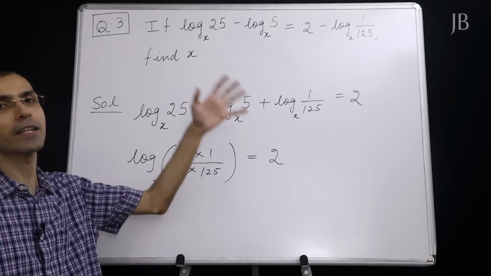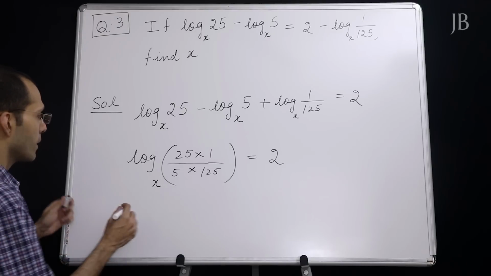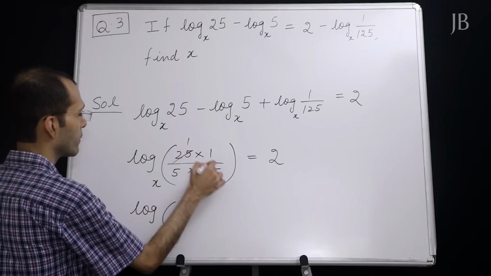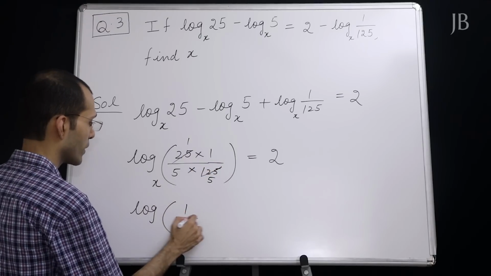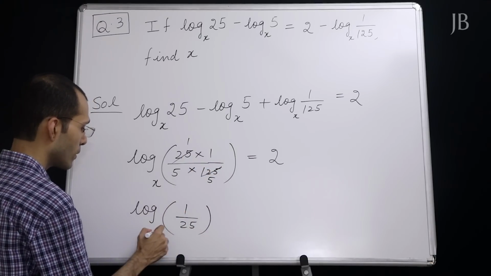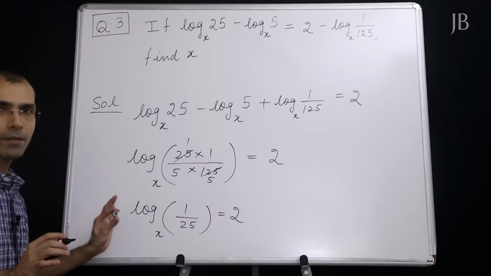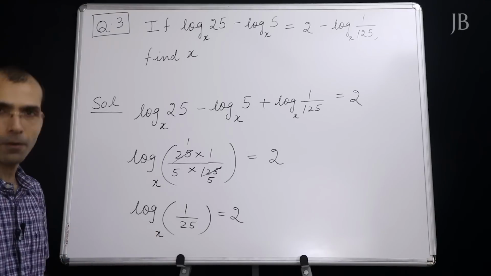We are applying it continuously together. Now this will be log of 25 by 5, that is 5, into 1 upon 125 to the base x is 2. Now we have come to the best simplified form.